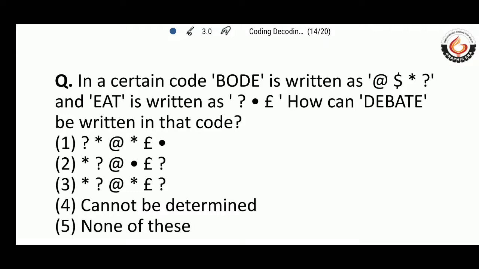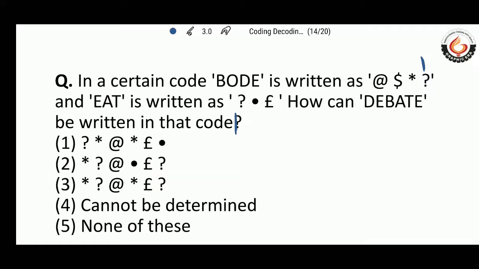In a certain code, BODE is written as alpha, dollar, star and question mark, and EDIT is written as question mark. So it is the question of series 1 only, because we get E as question mark at the last and here E at the start. So what they are asking is, how can DEBATE be written? Do we get all the letters of DEBATE from BODE and EDIT?